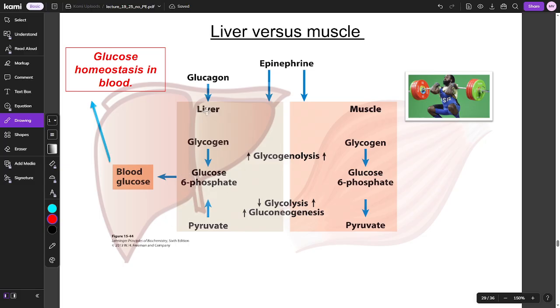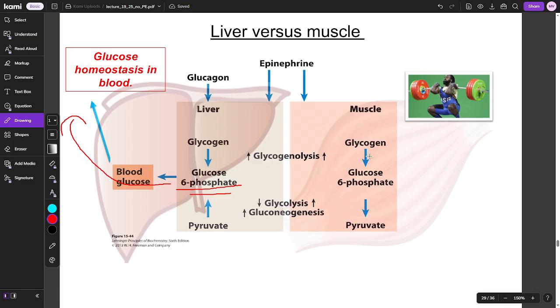So pyruvate and glycogen get turned into glucose 6-phosphate and it's released into the blood. When epinephrine hits the muscle tissue, though, we get a different thing where instead of promoting gluconeogenesis, because you don't do gluconeogenesis in the muscle because they don't have a lot of those enzymes, they don't have glucose 6-phosphatase, instead we would probably inhibit it, and we would promote glycolysis and glycogenolysis.